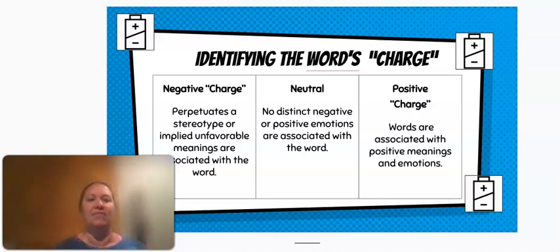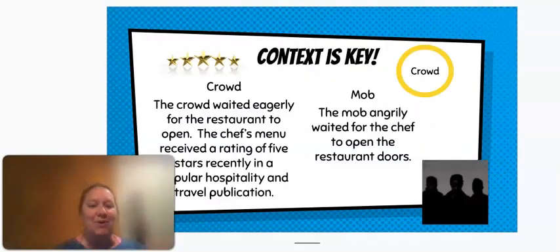So let's talk about the different levels of charge here. So remember how earlier we talked about how crowd could have a negative connotation to it? But if you're looking at crowd versus mob, well, crowd may be a little bit negative, but mob is really negative, right? So let's look at that.